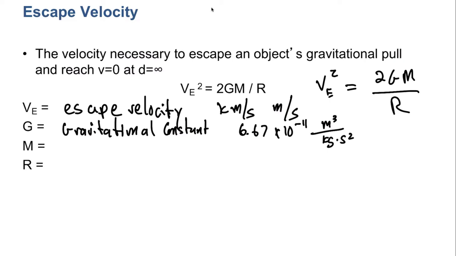M is the mass. Now, we've got two objects here. Which mass is it? It is the mass of the object whose gravitational field you are trying to escape, right? If I'm throwing a baseball up into the air from the Earth, it is not the mass of the baseball. It's the mass of the object you are escaping from.